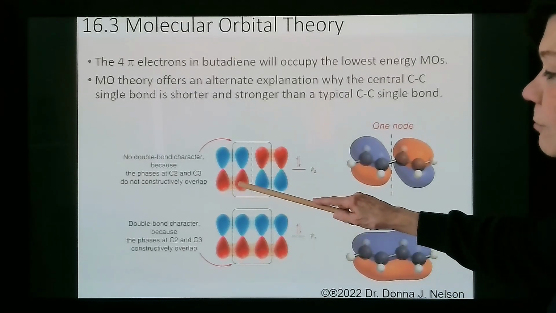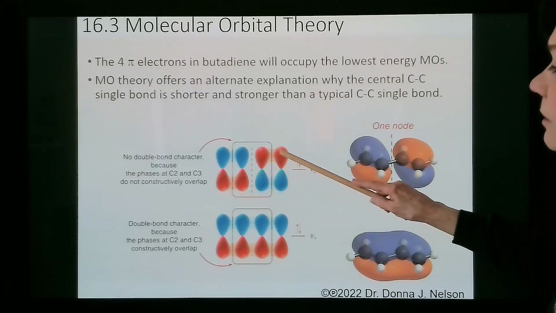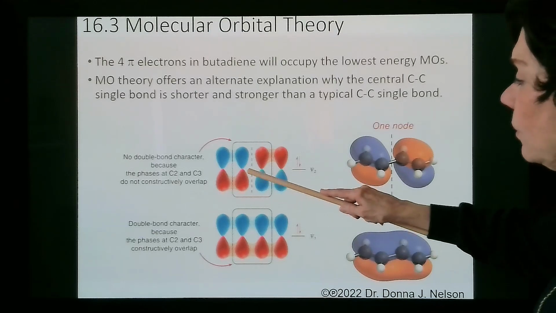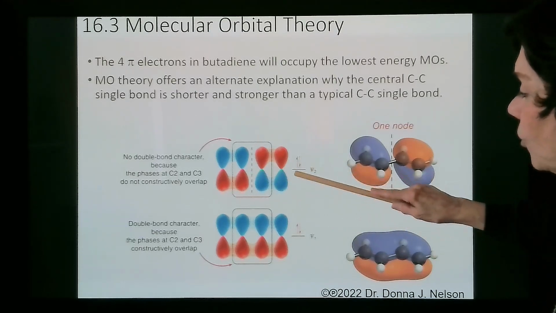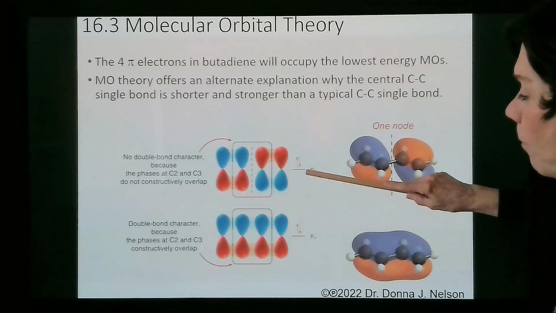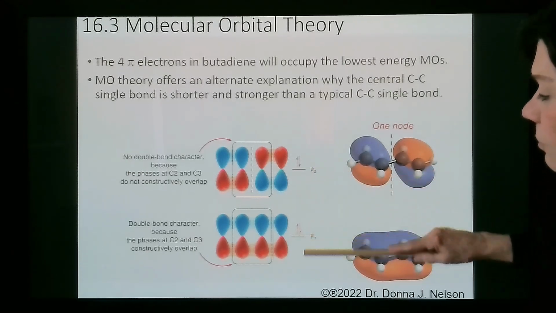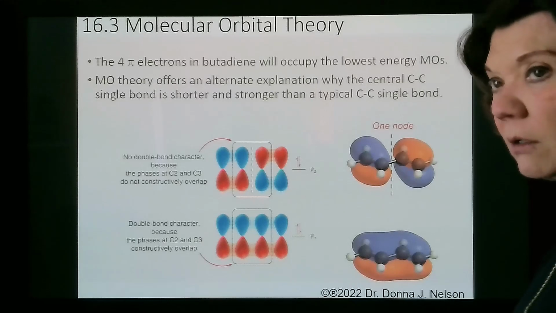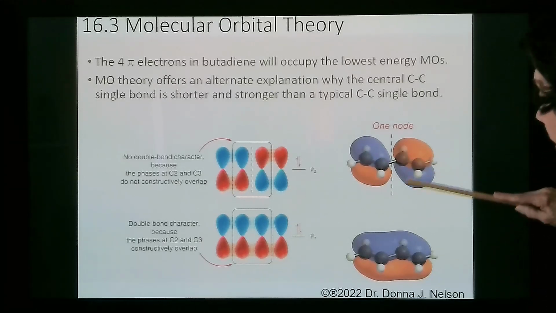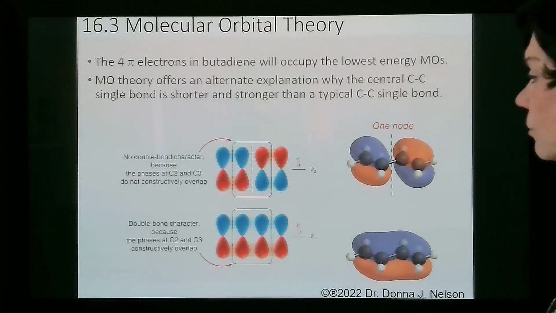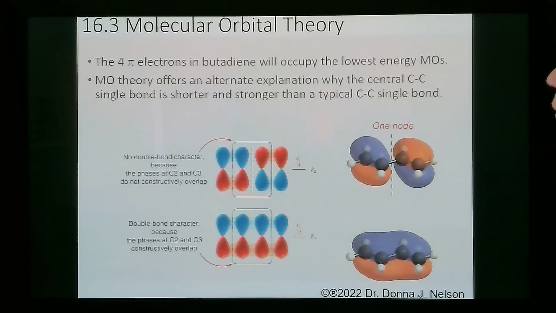Here there's interaction between C1 and C2, C3 and C4, but then between C2 and C3 in this particular molecular orbital. Both of these molecular orbitals will contribute to the actual electron density in the molecule.